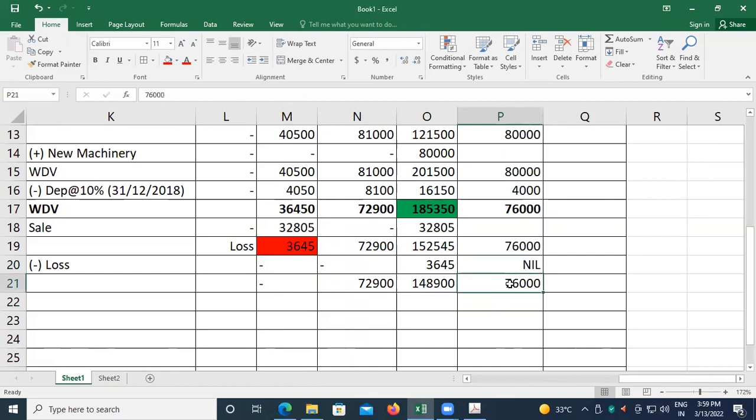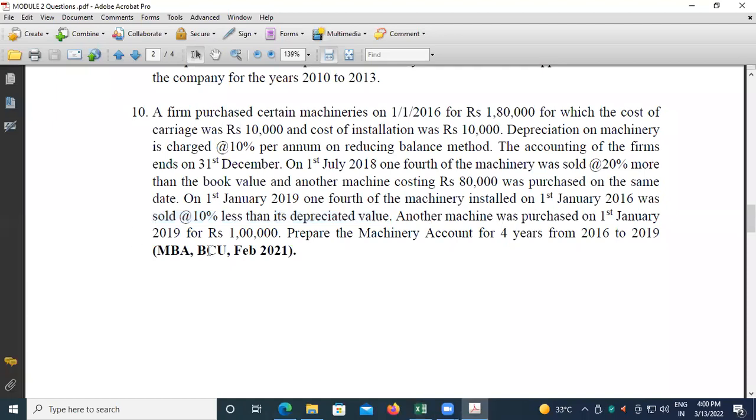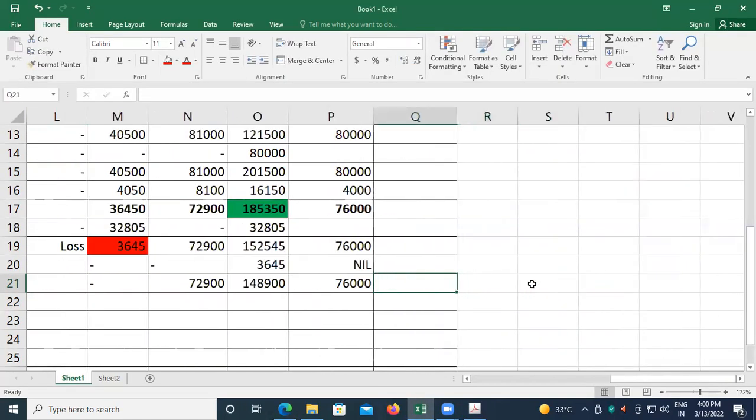We got to know now. Okay, so this is my written down value of the asset. On this written down value of the asset, now remember, in the same year, we also purchased one more machinery for 1 lakh rupees. You can see here, the same machinery was purchased for 1 lakh rupees. So that is nothing but my third machine.